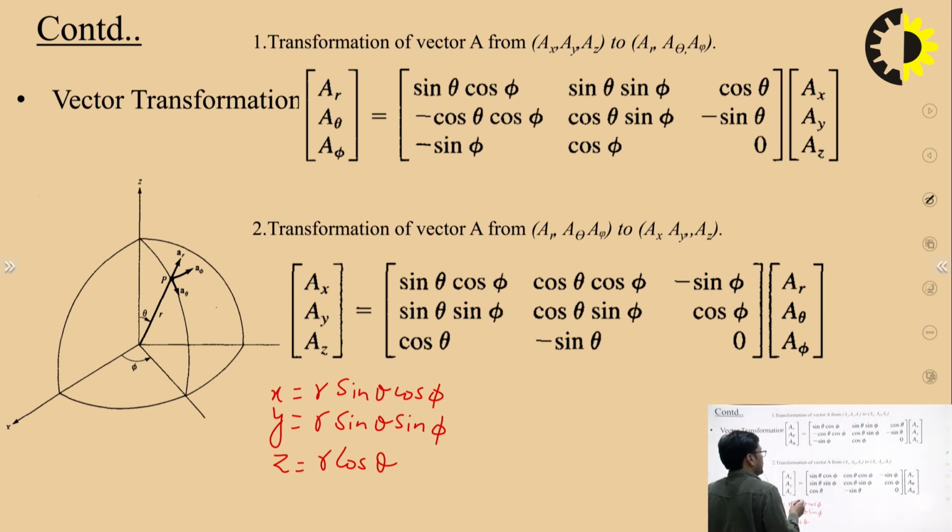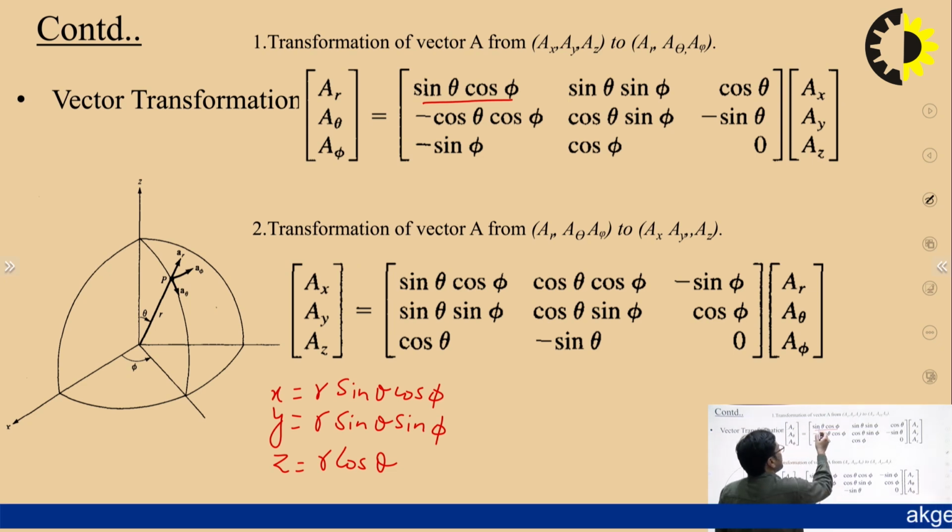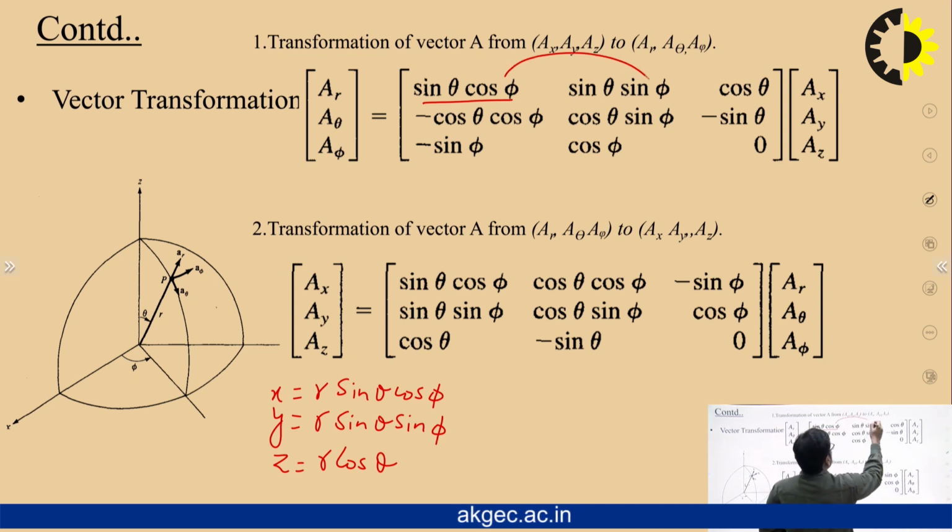That's why the first component is sin theta cos phi. Second, you have to take the differentiation with respect to theta, then sin theta sin phi and cos theta.